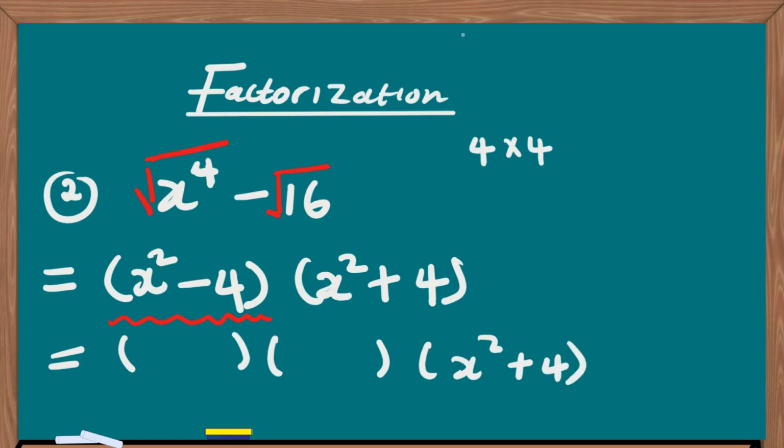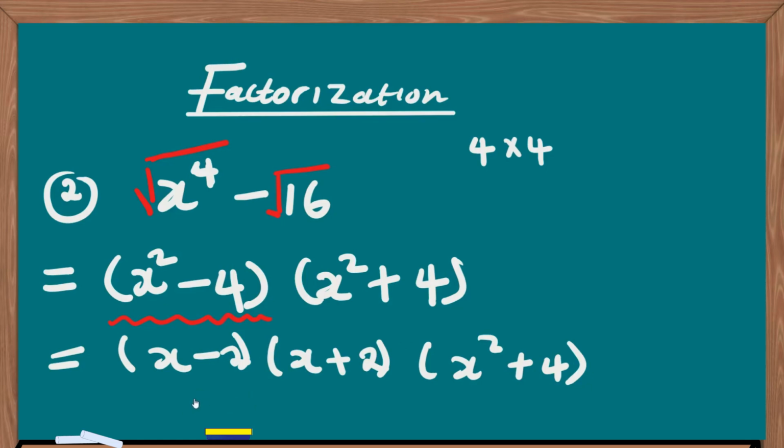Why can't we factorize it? Because of the positive sign here. For the other one, the square root of x squared is x, and the square root of 4 is 2. Then minus, plus. This makes our final answer.